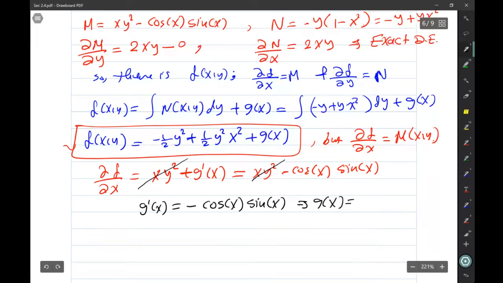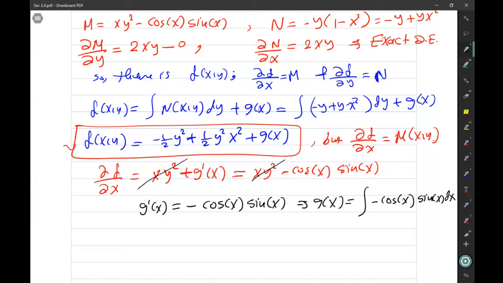So g of x will be the integral of minus cosine times sine dx. Now how will you integrate cosine x times sine x? What's the derivative of sine? It is cosine x.